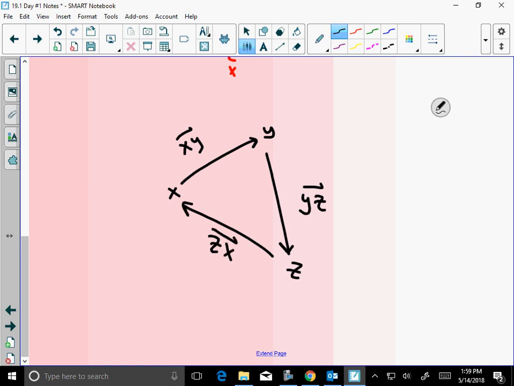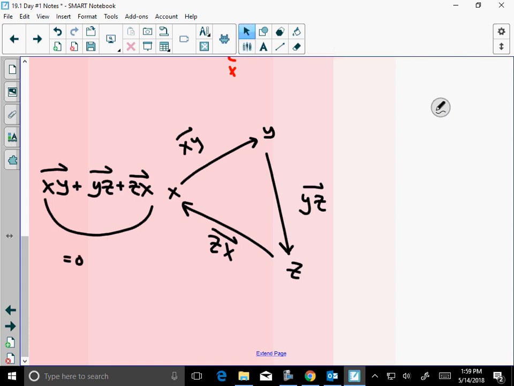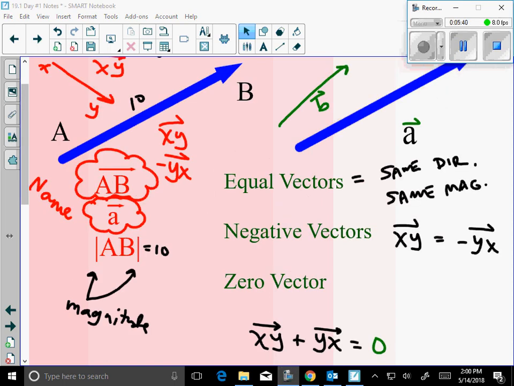So if I add those three up, I get the zero vector, because look at that, it comes full circle from x back to x. Question in the crowd? All right, let's keep moving here.